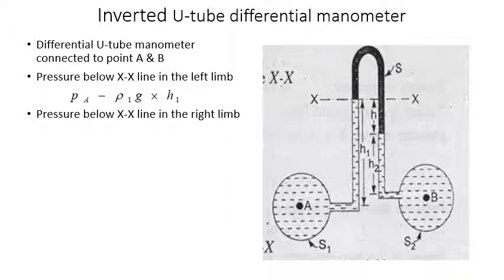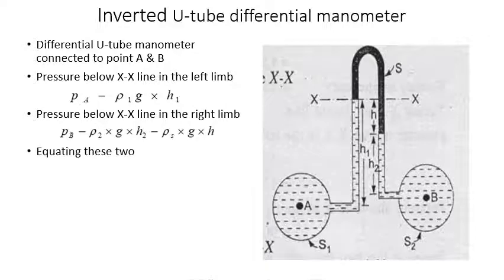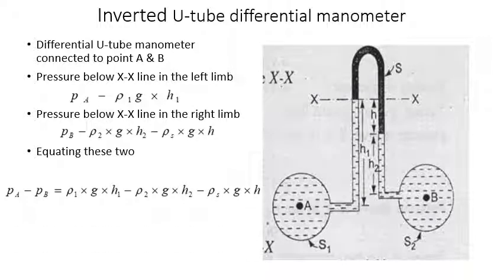The pressure below the XX line in the right limb is P_B minus rho 2 g h2 minus rho s g h. Equating these two, we get the difference of pressure between point A and point B as rho 1 g h1 minus rho 2 g h2 minus rho s g h.